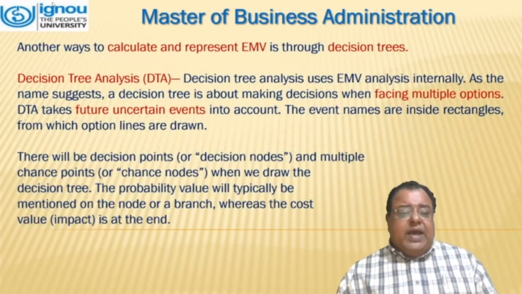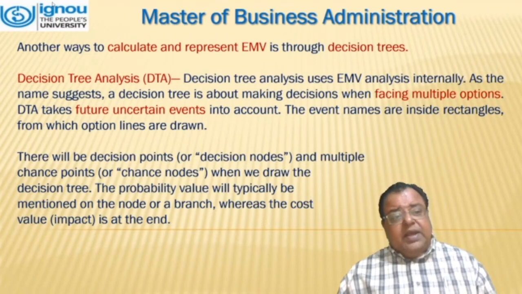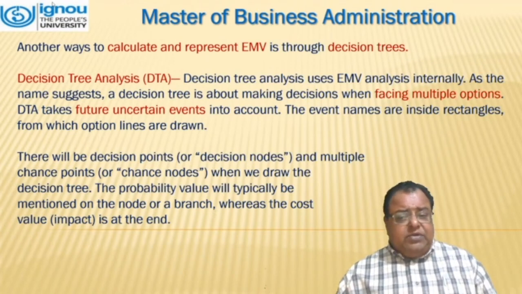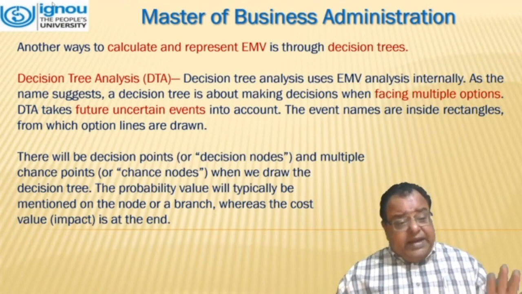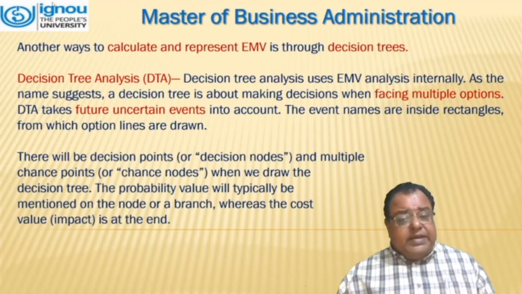Another way to calculate and represent EMV is through decision trees. Now, what is meant by decision tree analysis, which is denoted by DTA? Decision tree analysis uses EMV analysis internally. As the name suggests, a decision tree is about making decisions when facing multiple options.